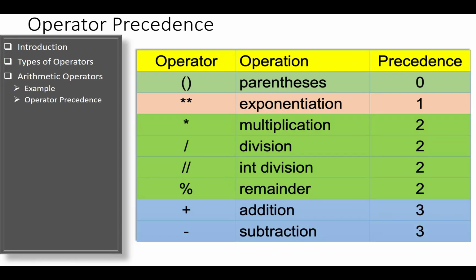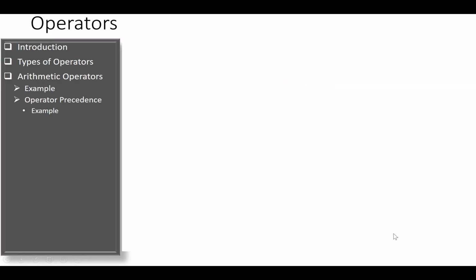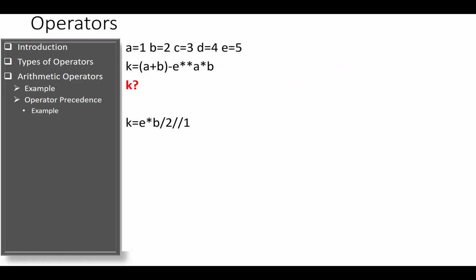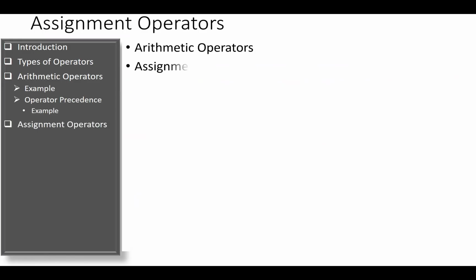Parenthesis has top precedence, then exponentiation, then multiplication, division, integer division and remainder, which have the same precedence level, and addition and subtraction afterwards. If you take two numbers, floor division, which one will be taken first? Let us take this exercise.